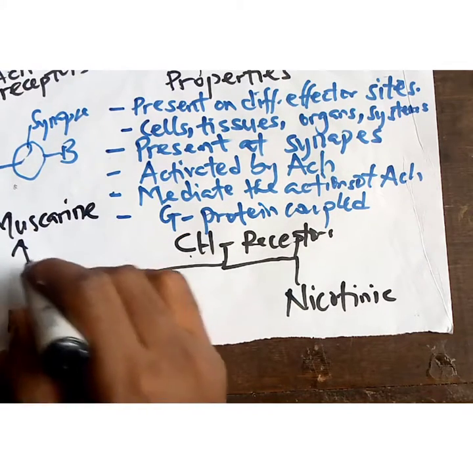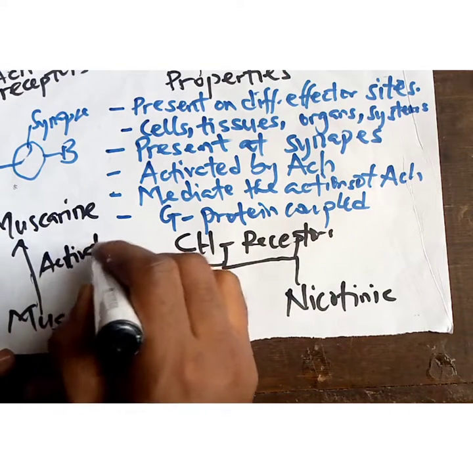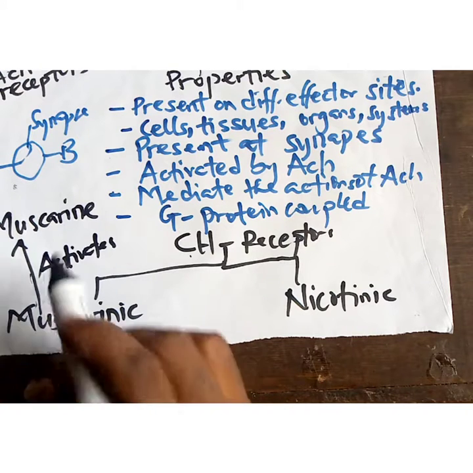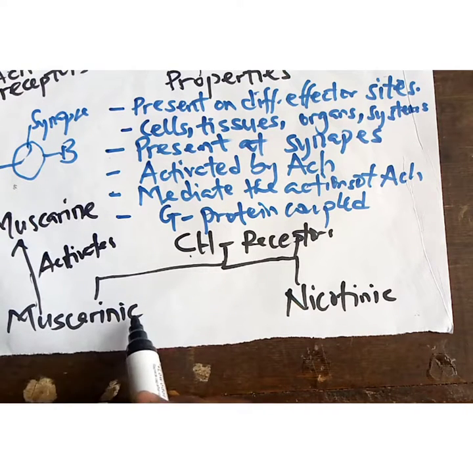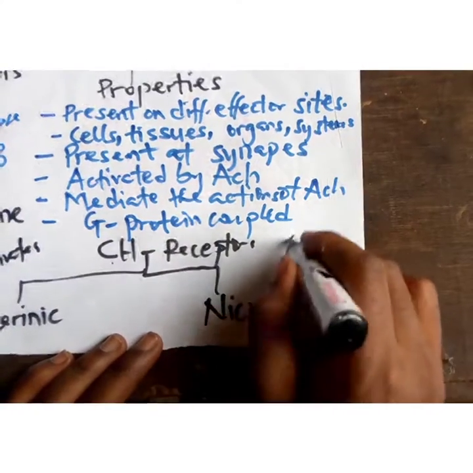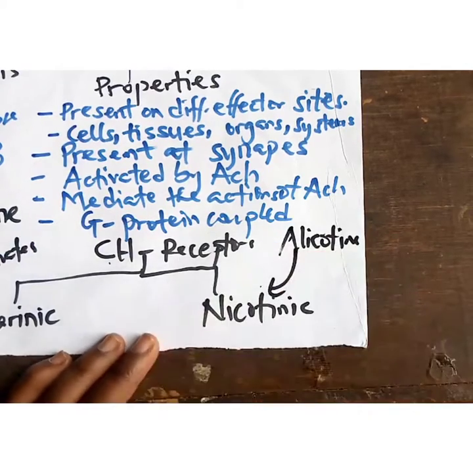So the group of acetylcholine receptors that can be activated by muscarine are called muscarinic receptors, and the group of receptors that can be activated by another alkaloid called nicotine are called nicotinic receptors.